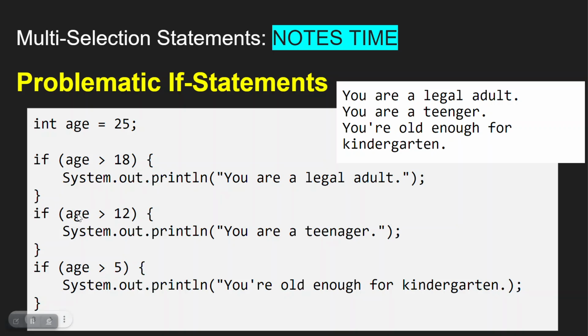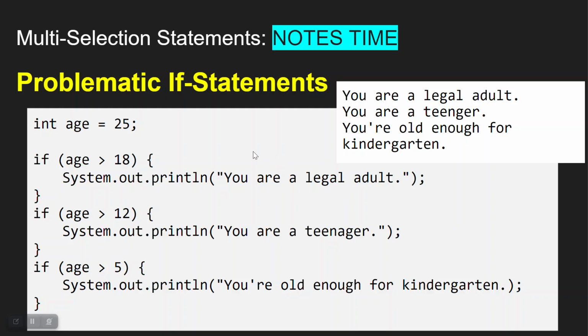And then it's also greater than 12, so it's going to print this. And then it's also greater than 5, so it's going to print this. So whoever wrote this algorithm was attempting to write something that would print only one: you're either this, or this. But instead, because of these problematic if statements, we're getting all three.